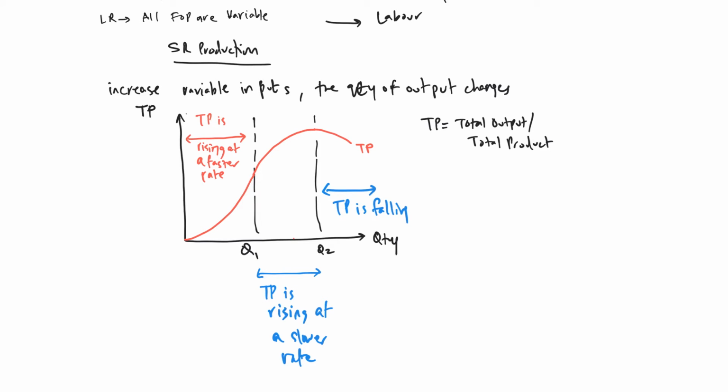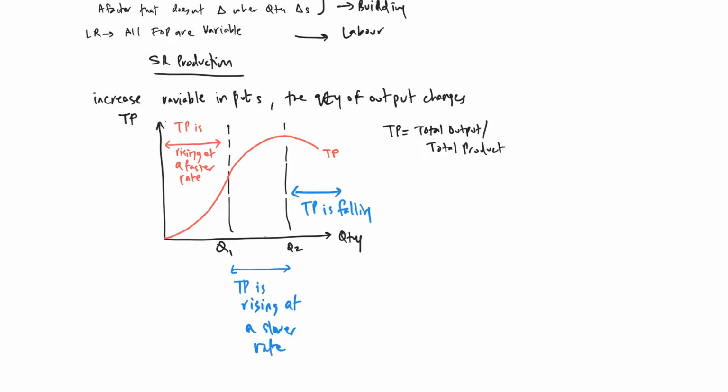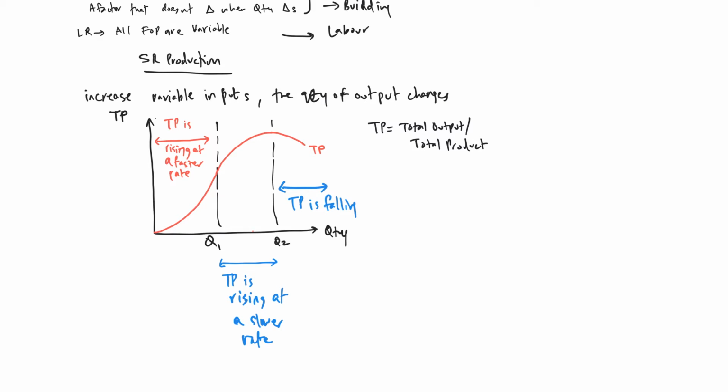And we believe this happens because of a reason which we call the law of diminishing marginal returns. Basically, one more thing is that when you look at this, I'm actually increasing my quantity of the variable factor, or labor, here.